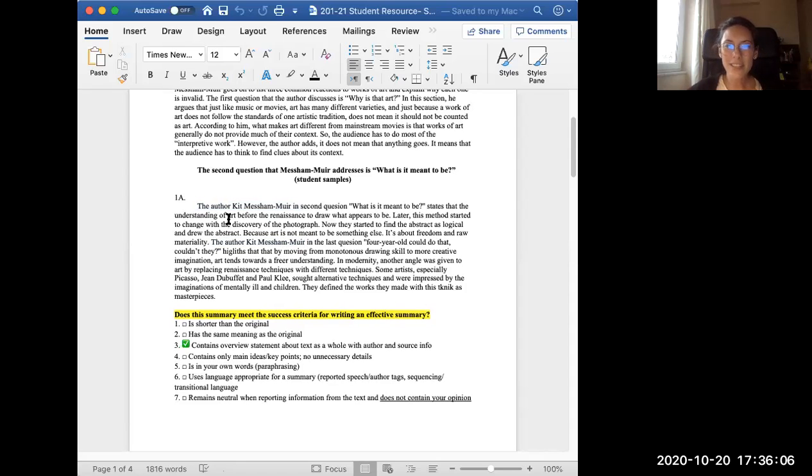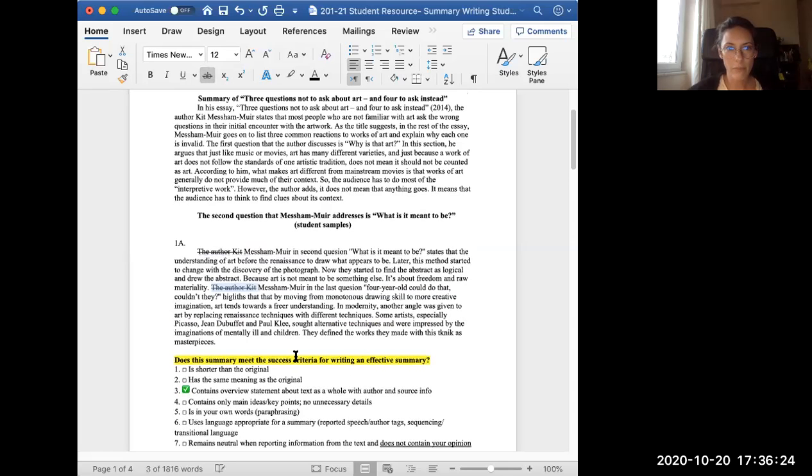What we can do here is just give the author's last name when you continue. The first time, you might say the full name as you introduce the title and the author.